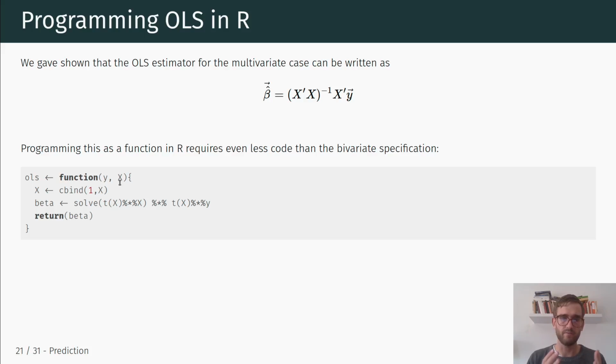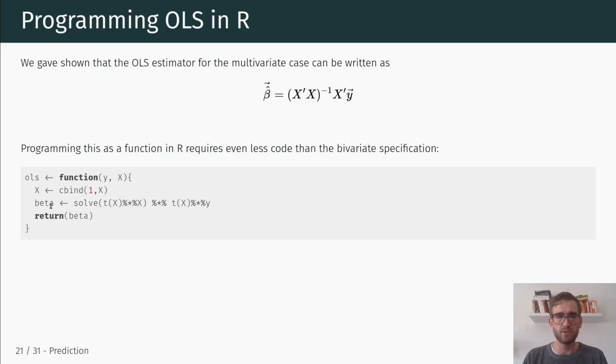The second line of code here adds a column of ones to that X matrix in order to estimate the constant term beta 1.